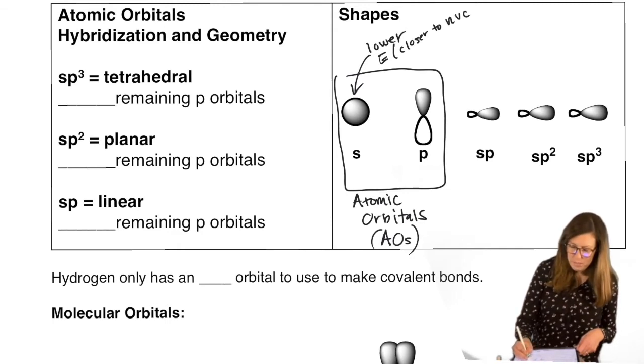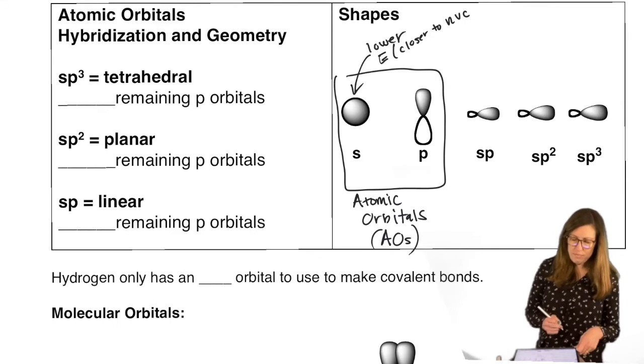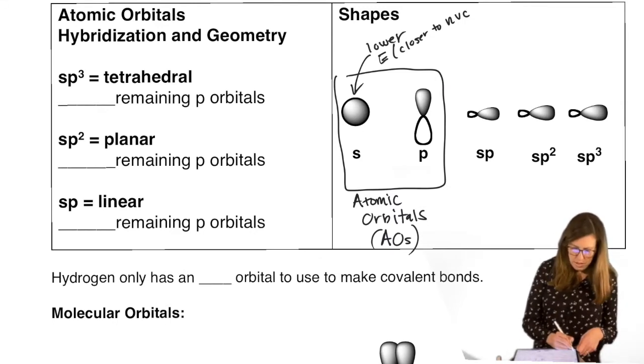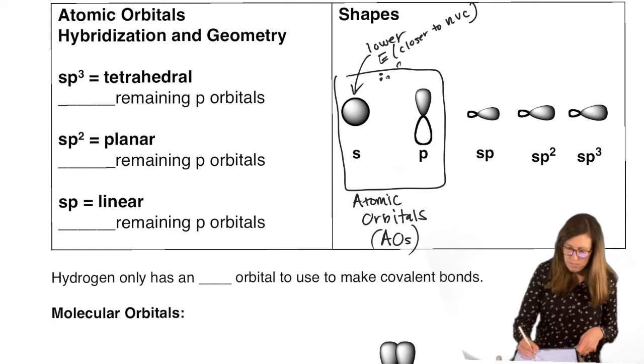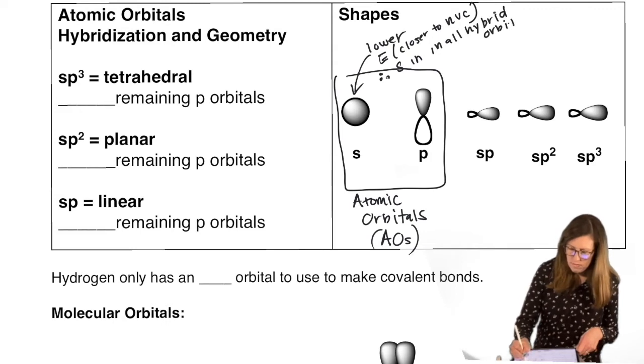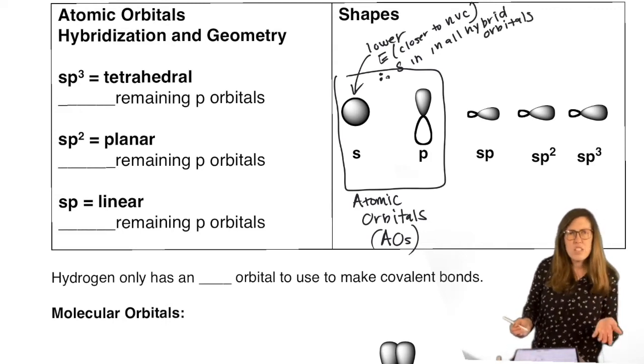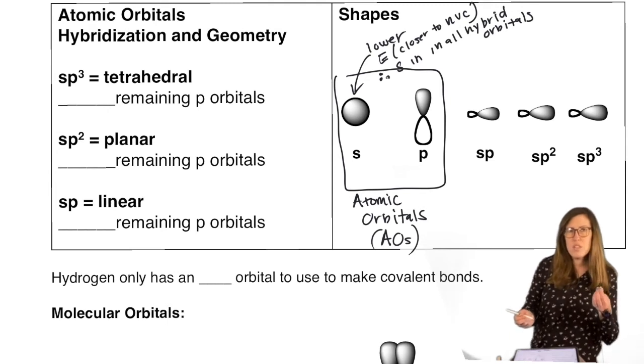That stabilizes them. Okay? Sorry, I put nucleus with a negative. That's something we do later. Closer to the nucleus. So, therefore, s is in everything. P is also, but it's either 1p, 2p's, or all 3p's.